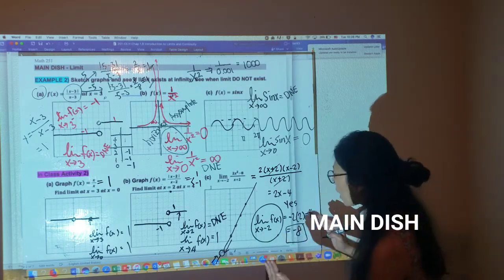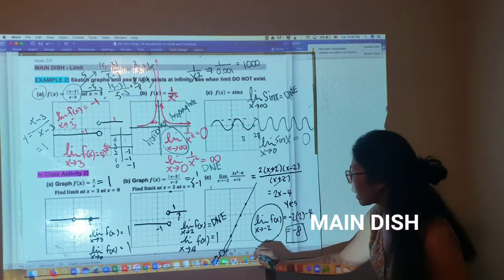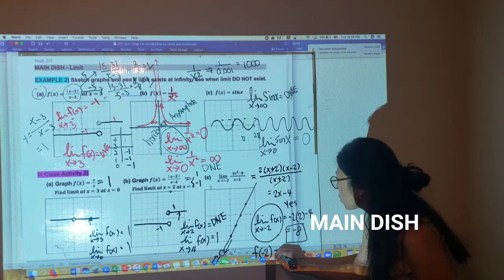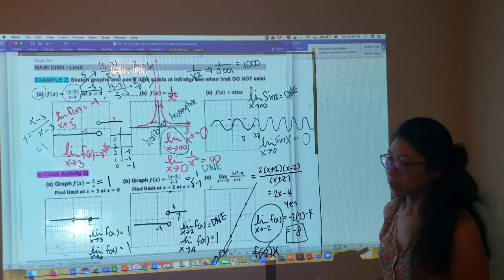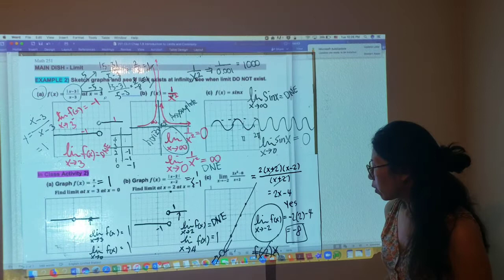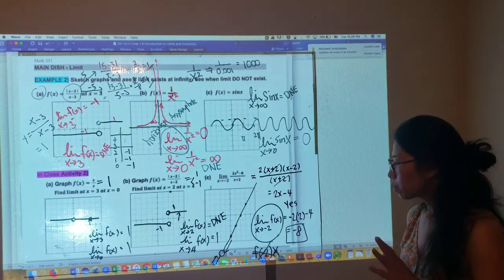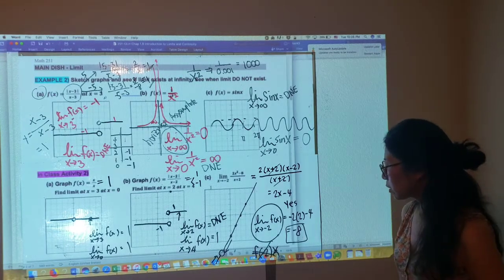So it's heading to negative 8, although I do not have an f of negative 2 value. Although I don't have that value, I have a limit here. So remember, what does continuous mean? I'm going to briefly summarize continuity and limits again.